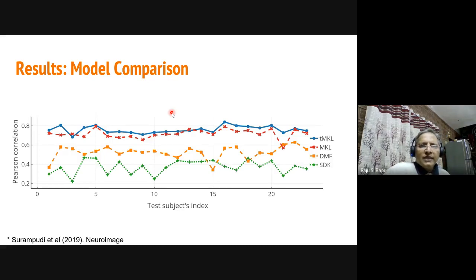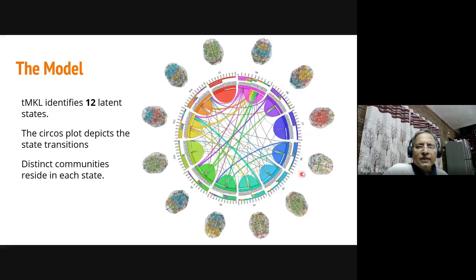For this we actually needed to use 12 latent states we discovered, and the connectivity within each of these 12 states is depicted in this sort of a circos plot, which summarizes state transitions.